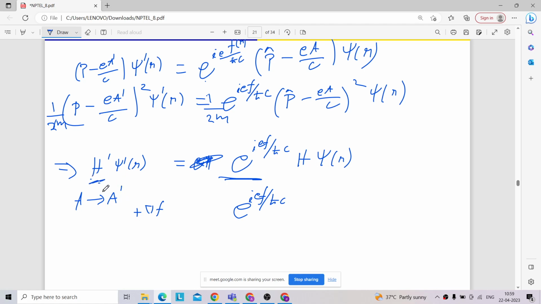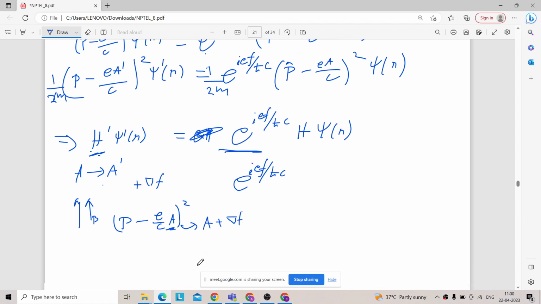You see, in this Hamiltonian there is dependency on the vector potential. When this particle is inside a magnetic field, the momentum changes to P minus e over c A. Now we are gauging this vector potential as A plus gradient of f. Due to this gauging, what is happening?